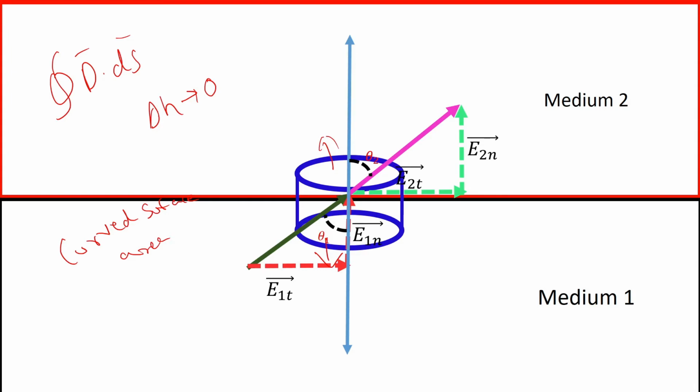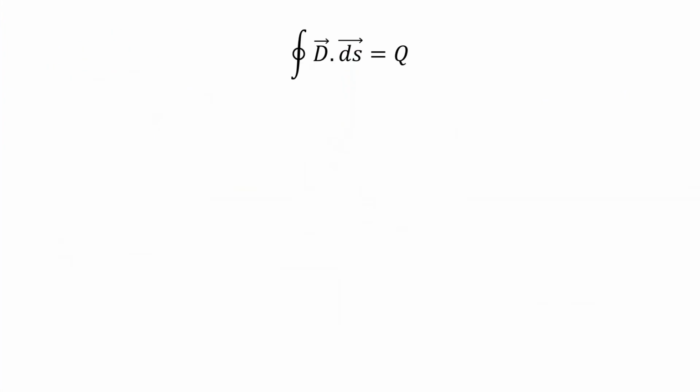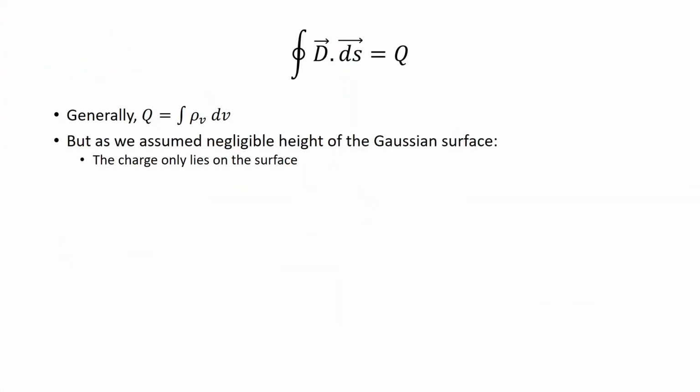So if I calculate the flux lines leaving, I should perform the dot product of this vector with the electric field 2 and the dot product of this vector with the electric field 1, and I should add them together, and that should be equal to the charge at the surface. This charge at the surface can be equated to integral rho s dS, where rho s is the surface charge density.